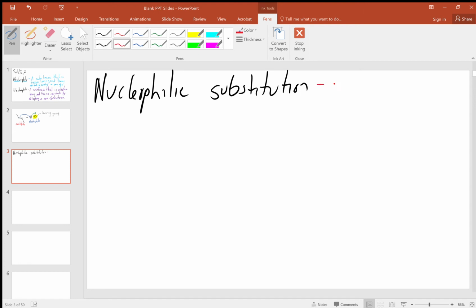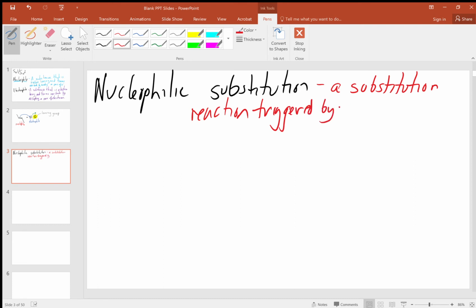And it is just what it sounds like. It's a substitution reaction, so we're replacing one group with another. And it's triggered by a nucleophile coming in.